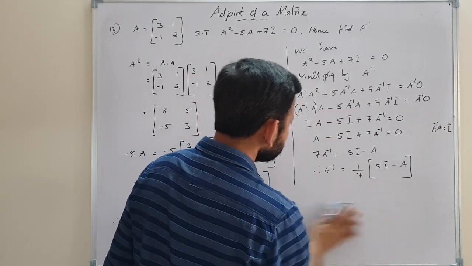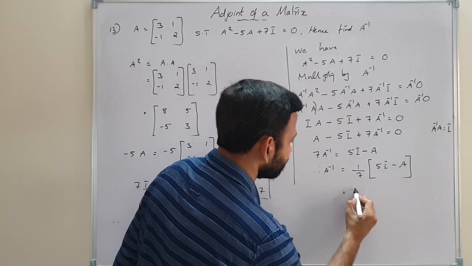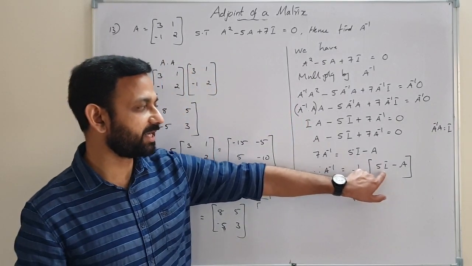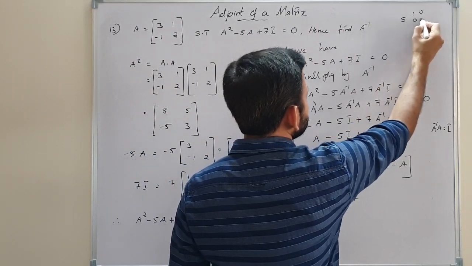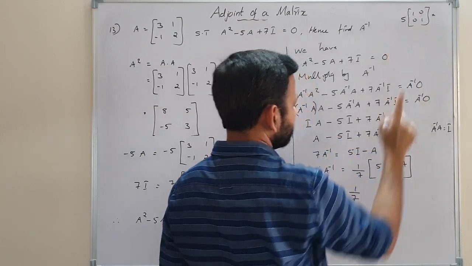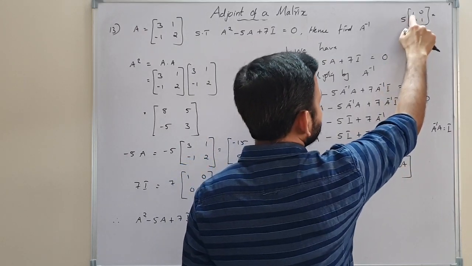Now we will find A inverse, that is 1 upon 7 into 5 times the identity matrix. The identity matrix of order 2 is 1 0 0 1, so 5I, when we multiply 5 into I, 5 will come inside.